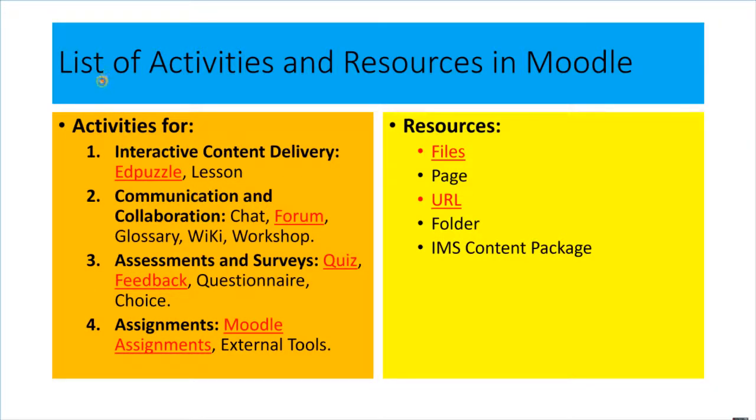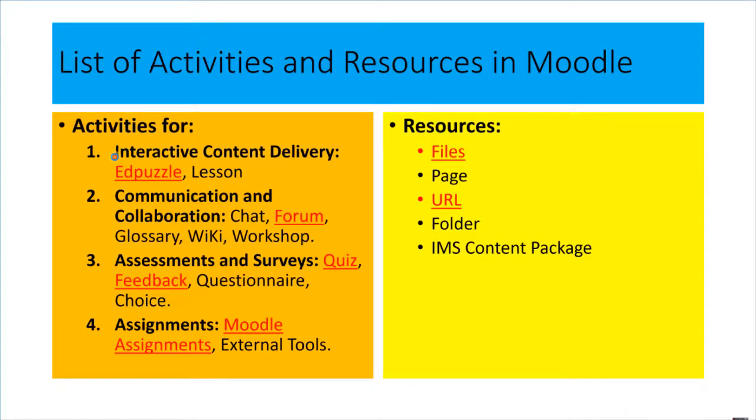Okay, so I want to now quickly run through a list of activities and resources in Moodle. If I talk about activities, I want to categorize them. Generally, the activities can be categorized into 4 different types.